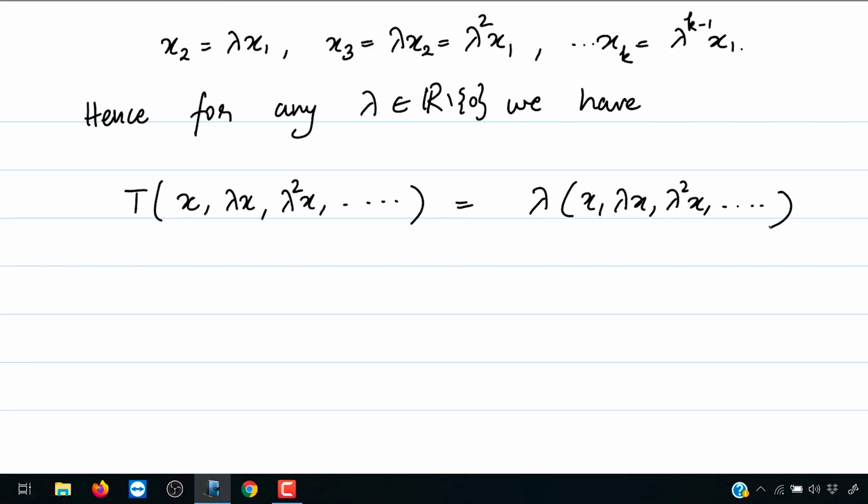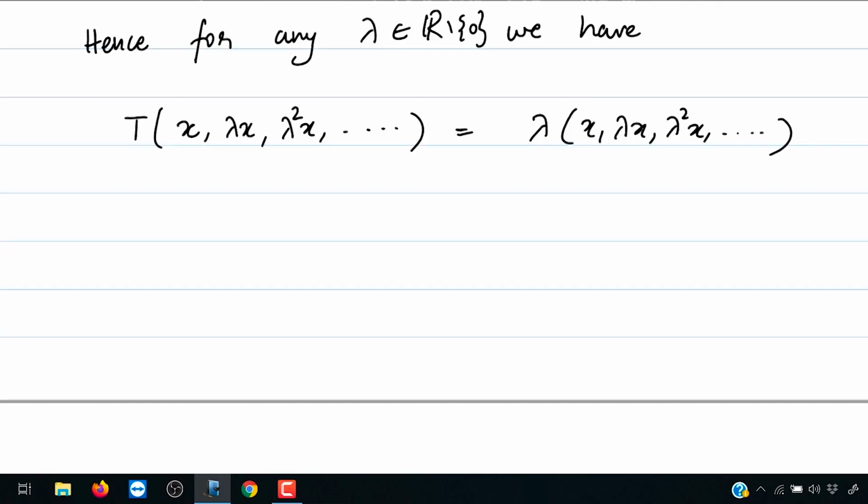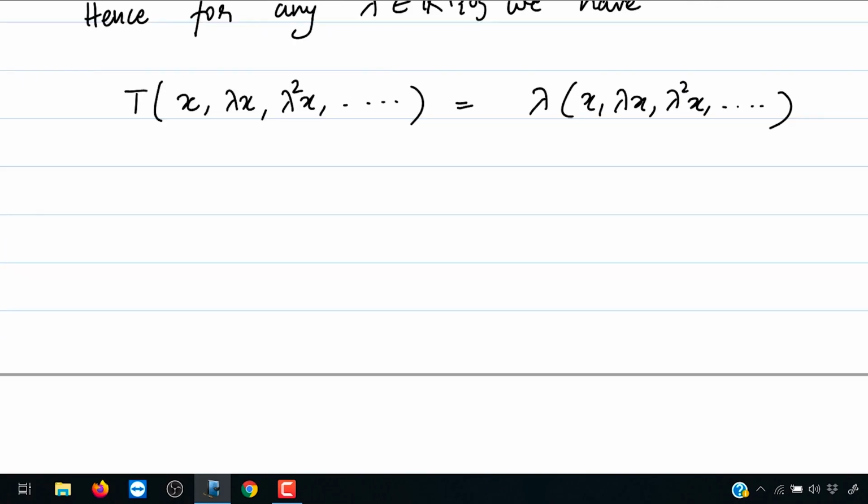And what will be the eigenspace corresponding to lambda here? That will be the subspace generated by these elements. Okay, let me not talk about eigenspaces.